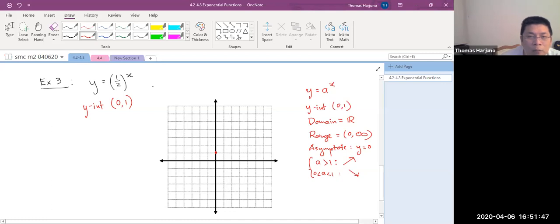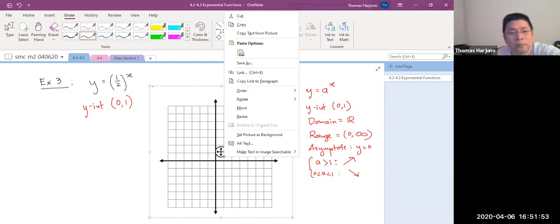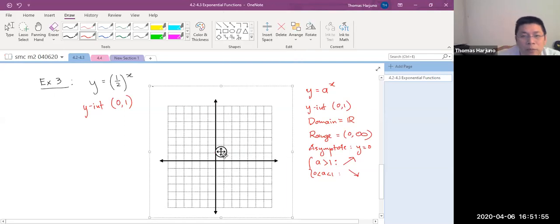Means every time I move to the right 1 unit, I multiply the previous value by 1/2, by 1/2, by 1/2. And every time I move to the left instead, I divide by 1/2, which means multiplying by 2. Dividing by 1/2 is the same as multiplying by the reciprocal, 2.